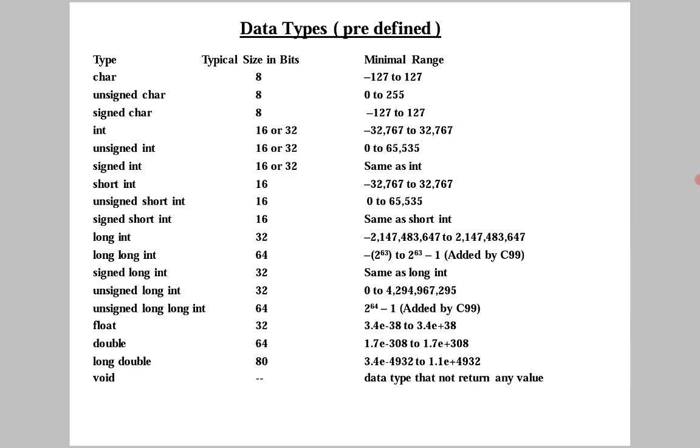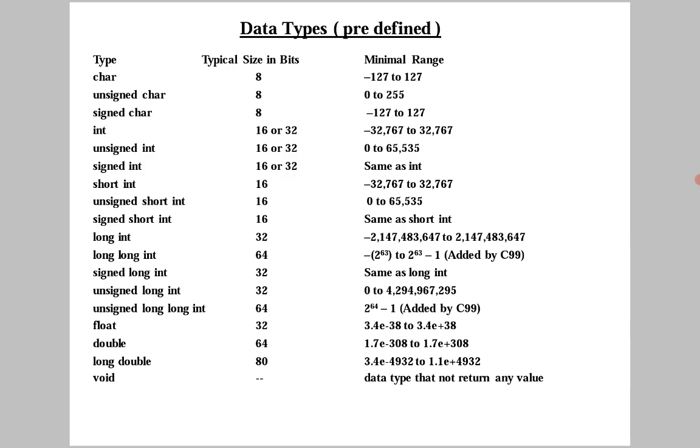Another important data type is float. What is float? Float numbers are also called real numbers or decimal numbers. What are floating point numbers? A number with a decimal point inside it.